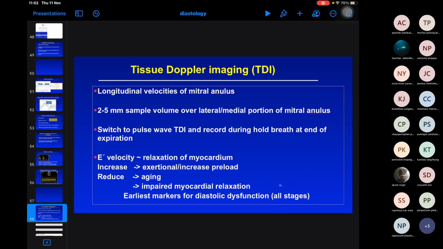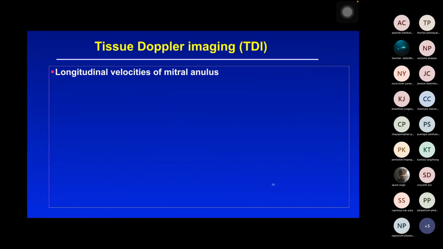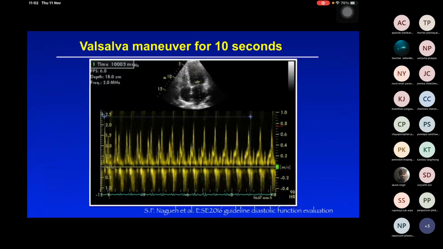In grade 4 and grade 3, you see a high EA ratio, short DT and short IVRT.